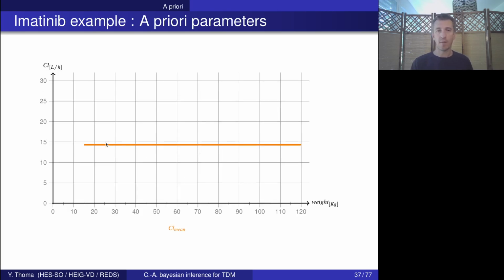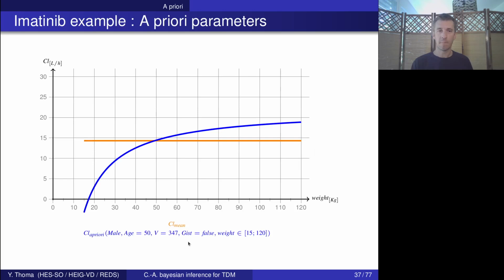So here I'm just drawing the mean clearance, which was 14 something. And then I'm here drawing in blue a curve that corresponds to a male, 50 years old, with the default volume and no GIST. And here we see that that would be the clearance based on this weight.